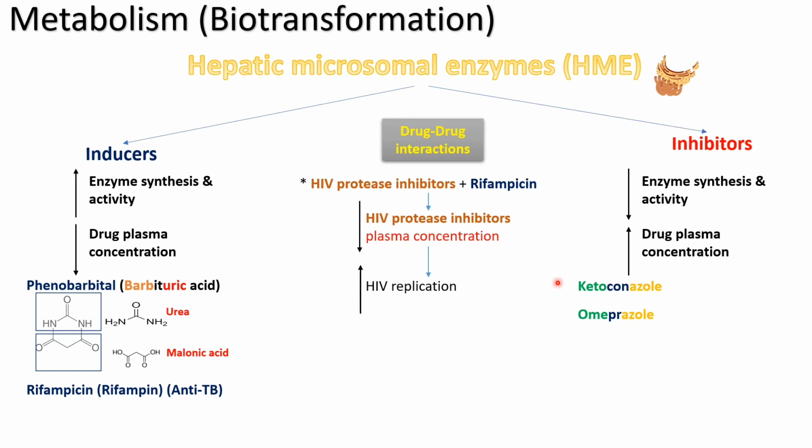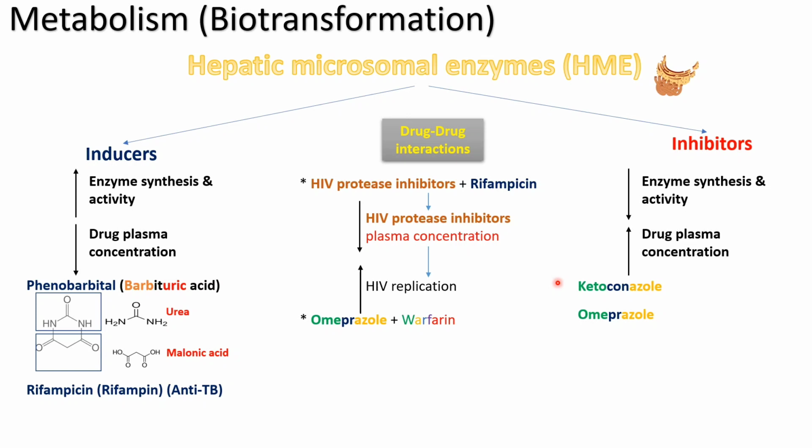Okay, let's take another example. What if someone took omeprazole, the drug that is used for treating peptic ulcers, with warfarin, a drug used to prevent the formation of blood clots? Omeprazole is a hepatic microsomal enzyme inhibitor drug, as we mentioned before.